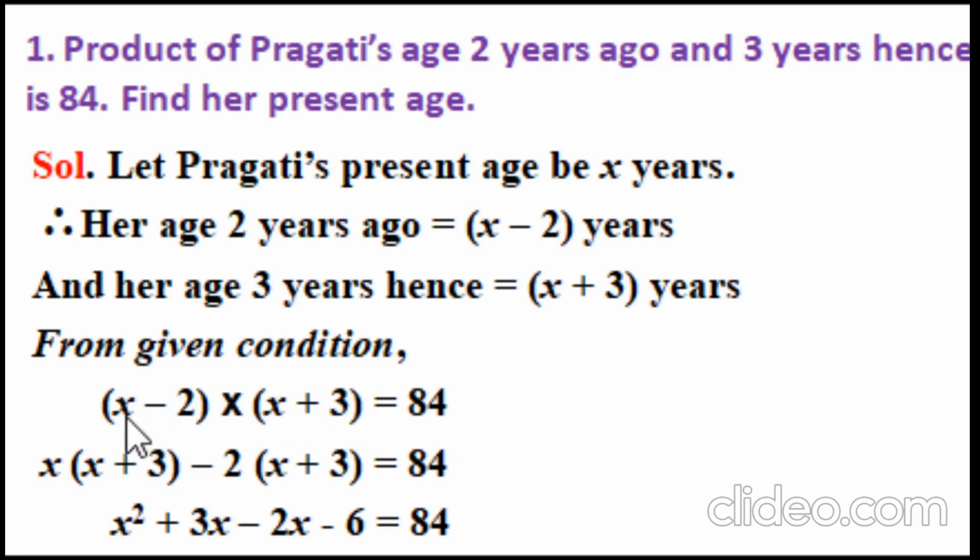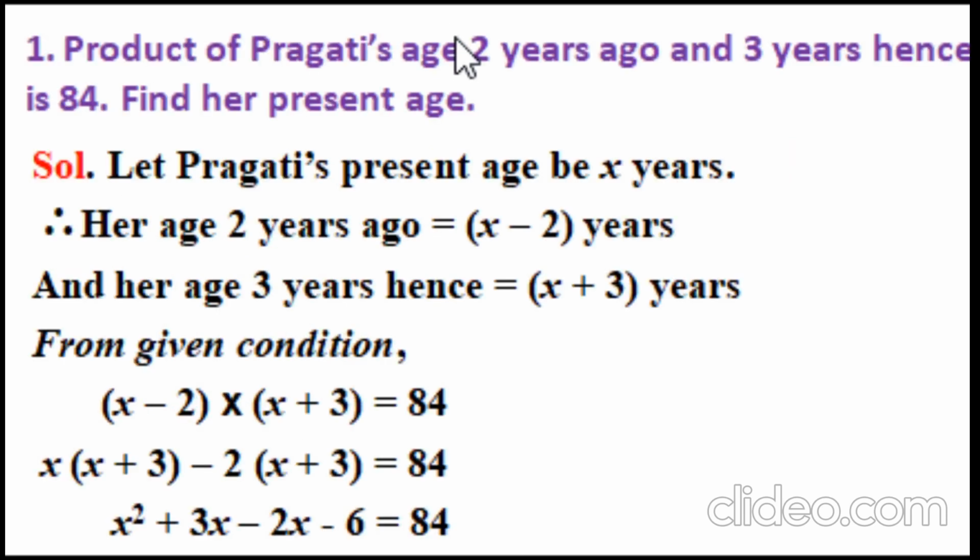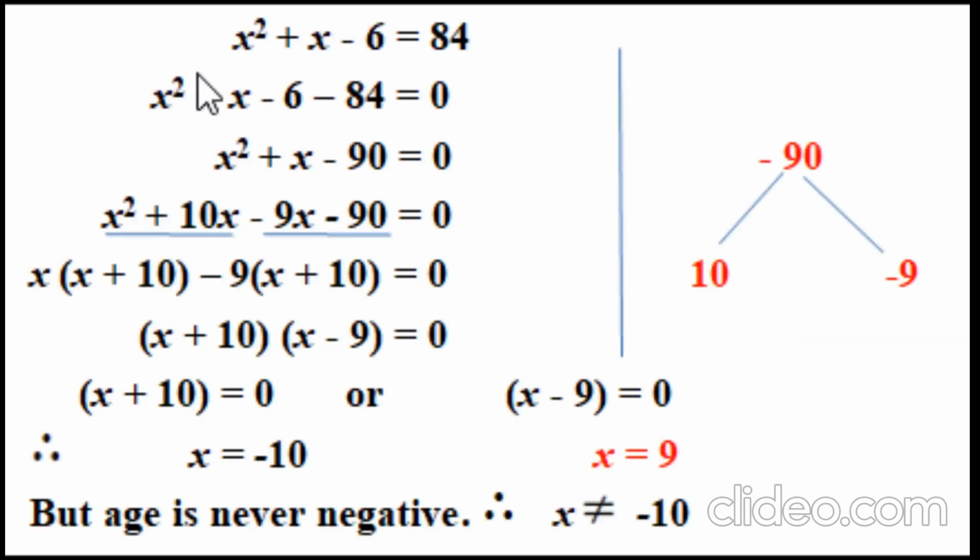Now we solve this. x into x is x square, x into 3 is 3x, minus 2 into x is minus 2x, minus 2 into 3 is minus 6, equal to 84. Here 3x minus 2x is equal to x. So x square plus x minus 6 minus 84 is equal to 0.